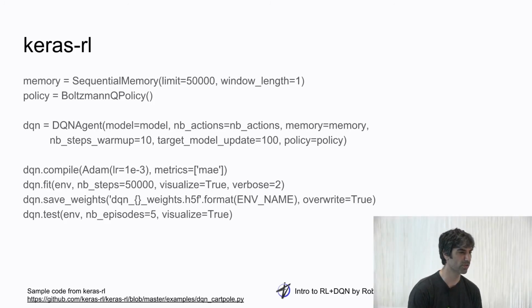This is using more of a softmax type thing. And then the DQN agent actually means the training system, the training algorithm. Then you compile your network. Fit is actually training the agent on the environment, so that's the line that actually does all the work. And then you save it.